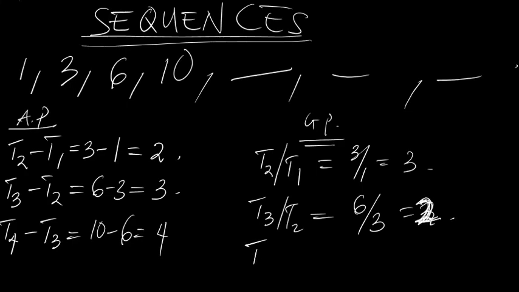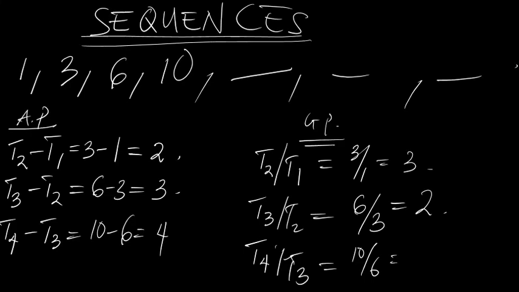Then the fourth term divided by the third term, 10 divided by 6, is equal to 1.6667.